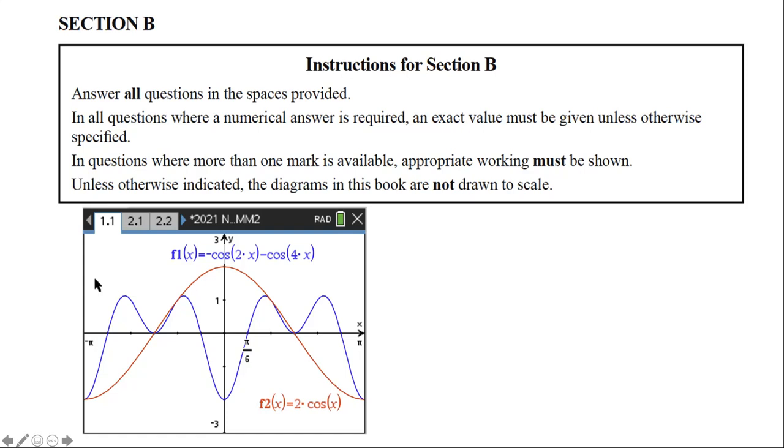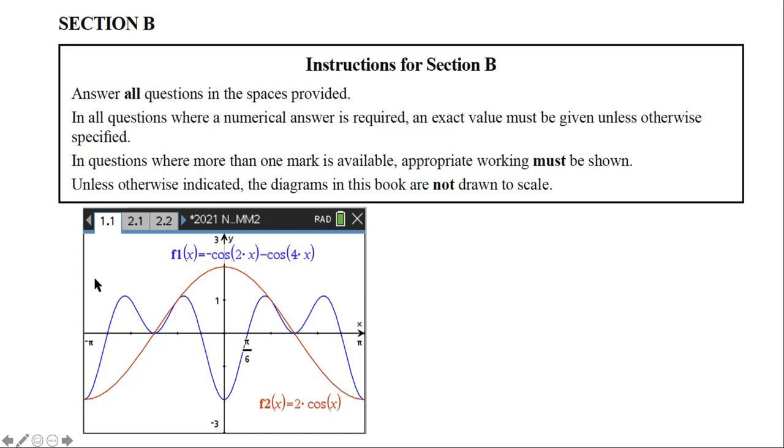In all questions where a numerical answer is required, an exact value must be given unless otherwise specified. So if you never see a phrase like correct to, always leave your answer as fractions or surds or exponentials or possibly logarithmics, okay? In questions where more than 1 mark is available, appropriate working must be shown.